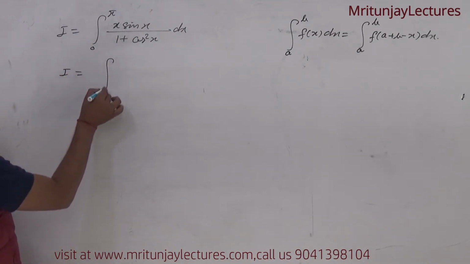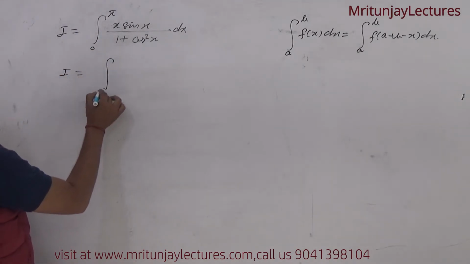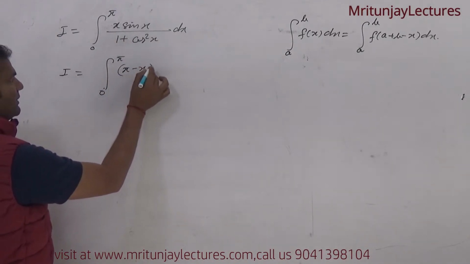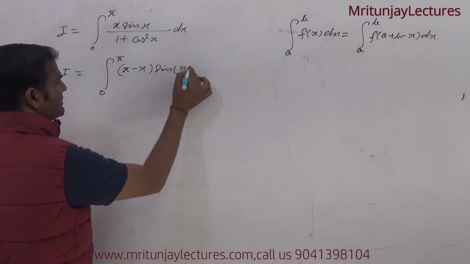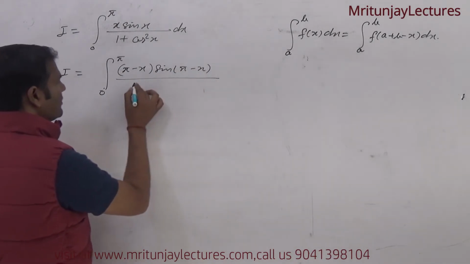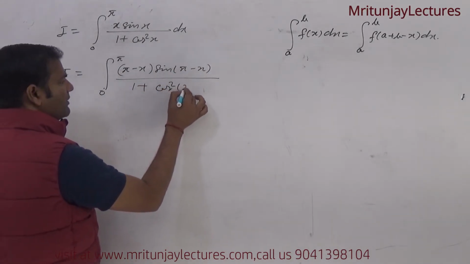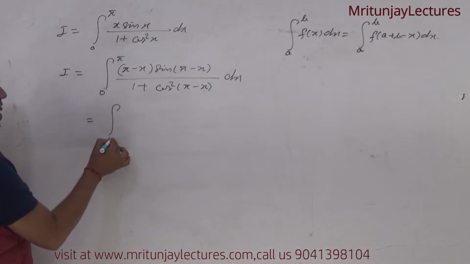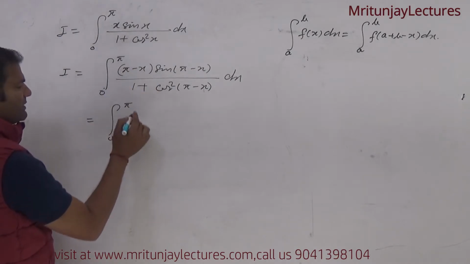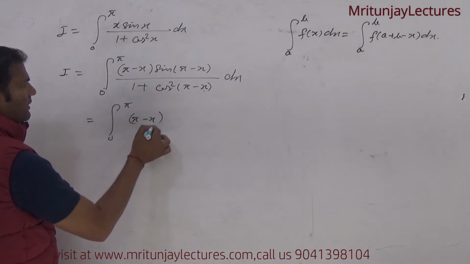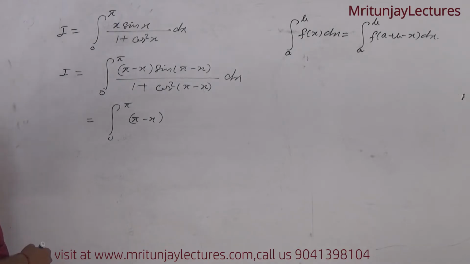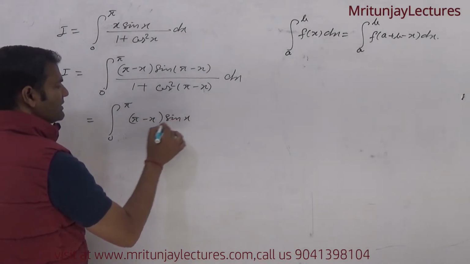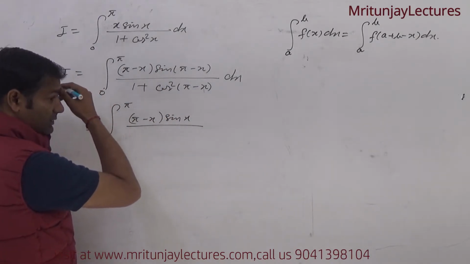Now apply the fourth property here. From 0 to pi, x becomes pi minus x, into sine of (pi minus x) divided by 1 plus cos square of (pi minus x) dx. Now sine of (pi minus x) is sine x, because it is in the second quadrant.